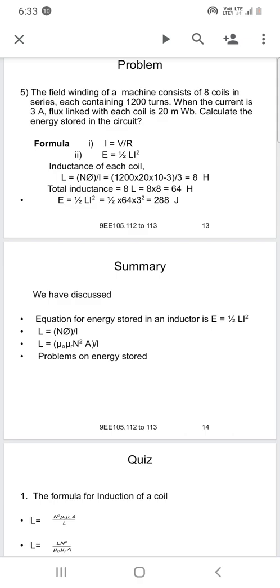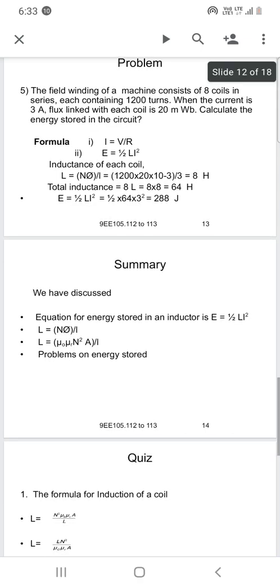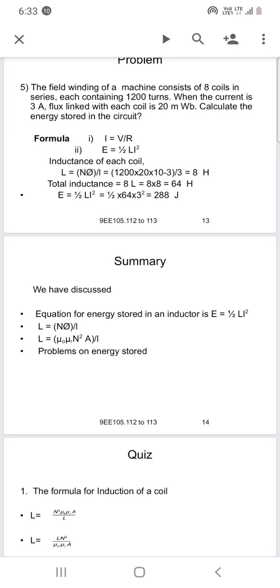Each contains 1200 turns. When the current is 3 amperes, the flux linked with each coil is 20 milliweber. Calculate the energy stored in the circuit.